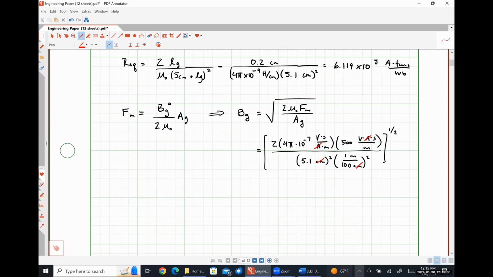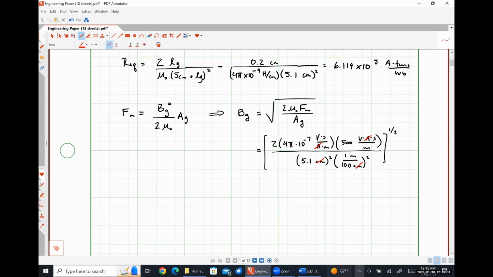Okay. So putting this in my calculator, I have 2 times 4 pi 10 to the minus 7, 500, 5.1 squared times 1 over 100 squared, 0.483.